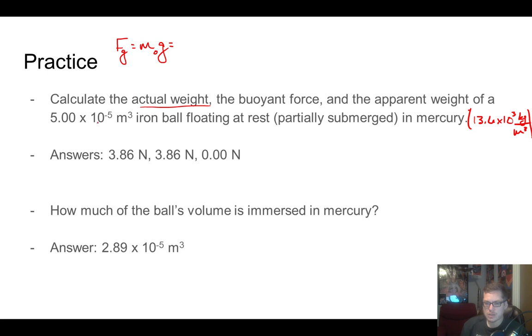Well, the mass of the object, we have the volume, and we know it's made of iron, so we can find the mass by taking the volume times the density. So volume of the object times the density of the object times gravity. The volume of the object is 5.00 times 10 to the minus fifth meters cubed, times the density of the object.